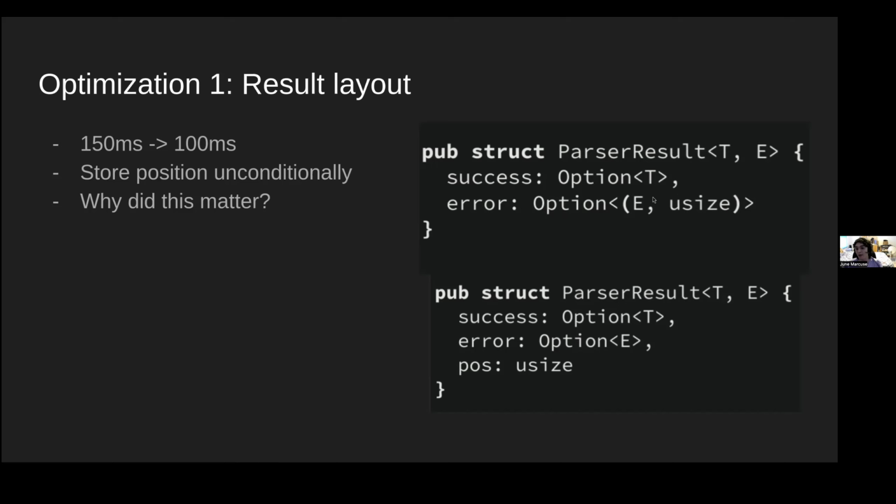Is the other error actually present? Yes. Then we compare the position and take whichever one is greater. By storing the position unconditionally, we only have to make a single check as opposed to those 3. We can just say, is it greater? If so, take the error, even if it's nothing. Because if a parsing operation succeeds deeper than the deepest error, then we know that error didn't prevent it from parsing completely.